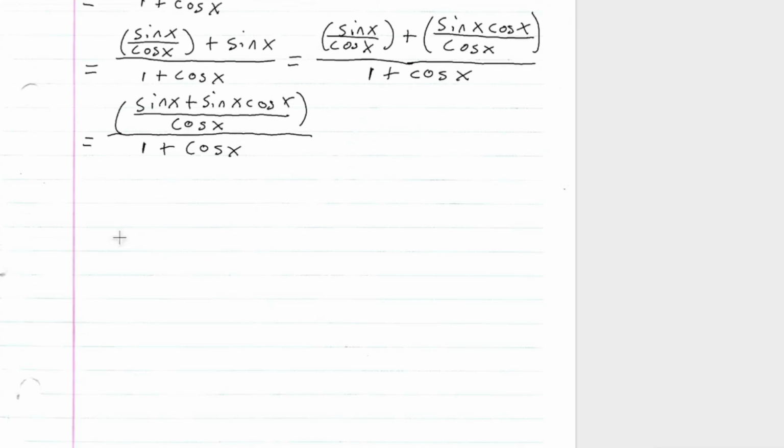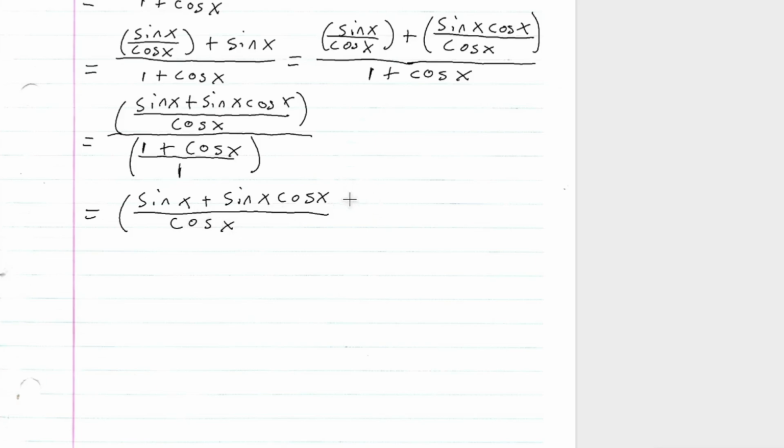All right, so now I can rewrite this as the numerator stays the same, and then I flip the denominator, because 1 plus cosine x is the same thing as 1 plus cosine x over 1, right? So I keep the numerator the same. So this will be sine x plus sine x cosine x over cosine x times 1 over 1 plus cosine x.